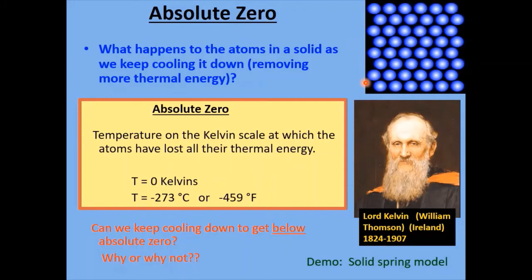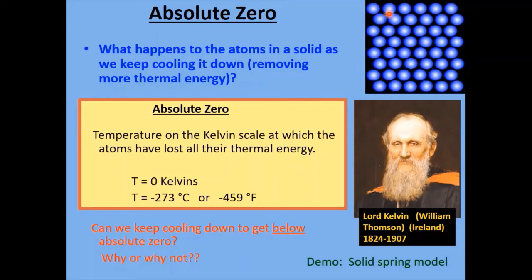Well, as we get it colder and colder, remember what we're doing is we're removing thermal energy from the solid. So we can see that the atoms are wiggling and jiggling, but they're barely moving, right? We can just barely see them moving. So if we can keep reducing the temperature and removing more and more thermal energy, we can, at least in theory, get to a point where all of the thermal energy of these atoms is gone.